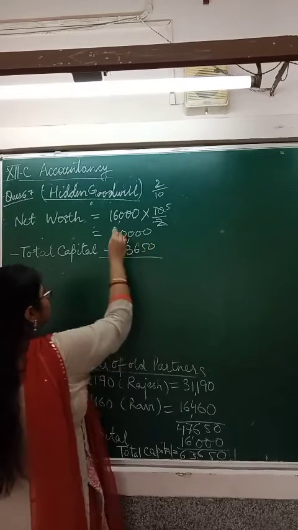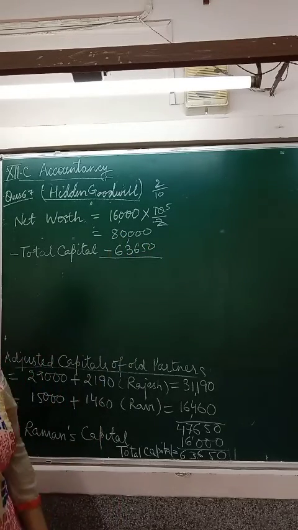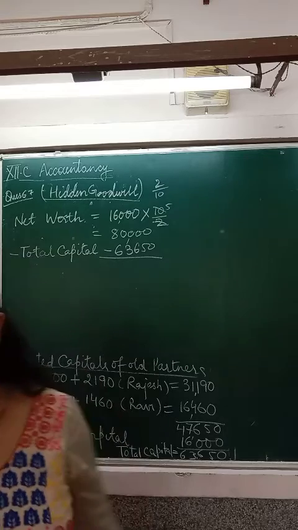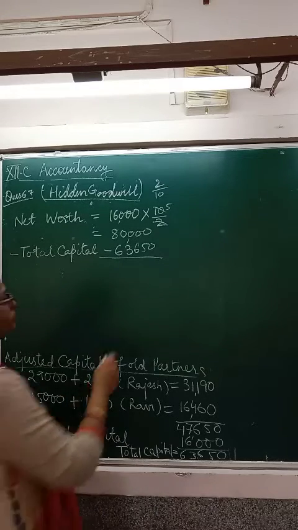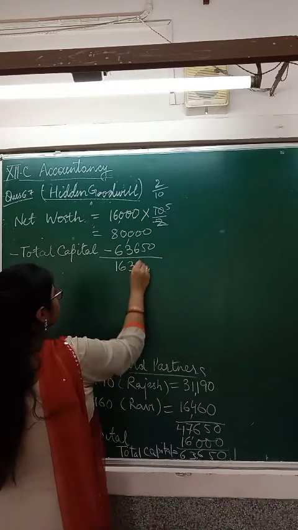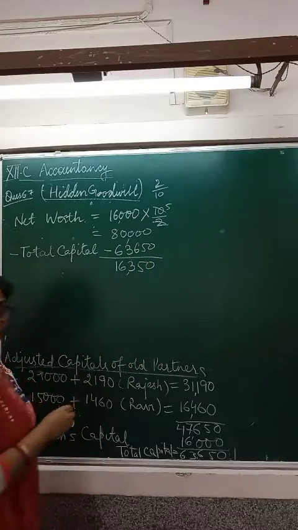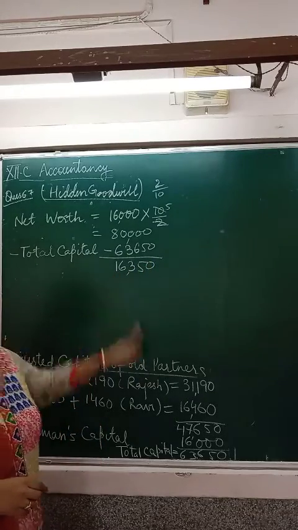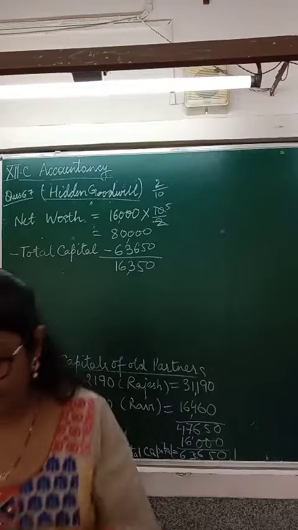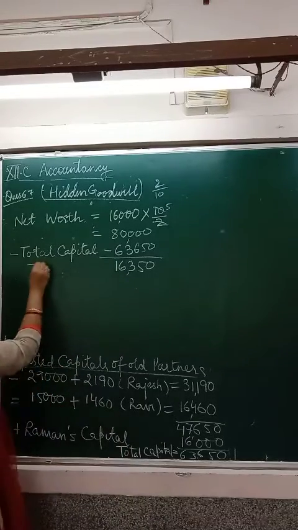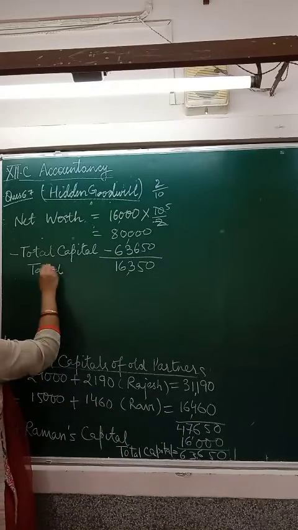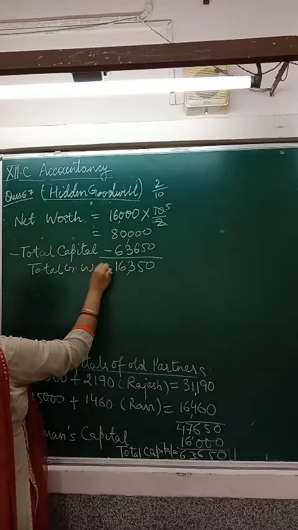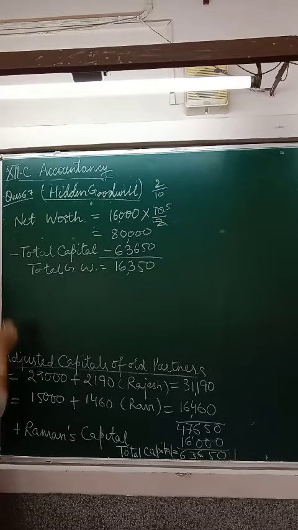Now subtract 63,650 rupees from rupees 80,000. It is 16,350. What is the 16,350? This is the total goodwill of the firm. Total goodwill of the firm is rupees 16,350.